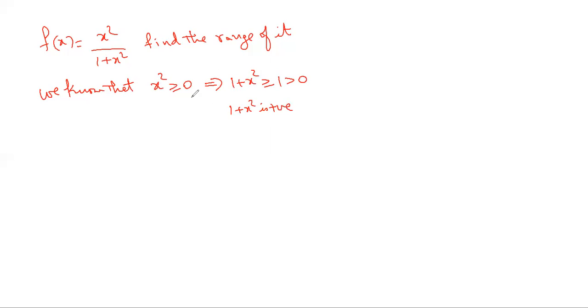If you divide an inequality with a positive number, the inequality remains the same. So this implies x square by 1 plus x square is greater than or equal to 0 by 1 plus x square, because x square is greater than or equal to 0.